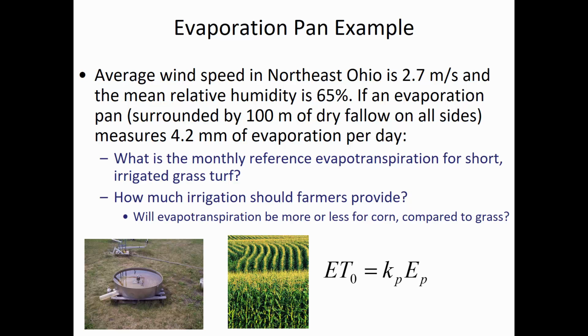Why do you think it would be? Why do you think corn would evaporate less water than grass would? Okay. Yeah, corn is higher. Okay. It's thicker. Well, I can see your points there.